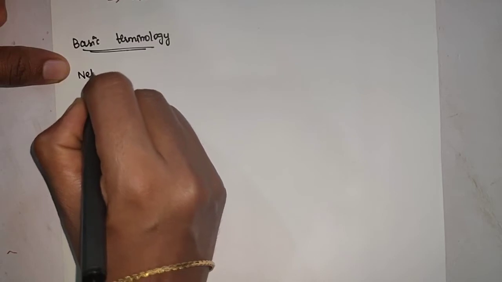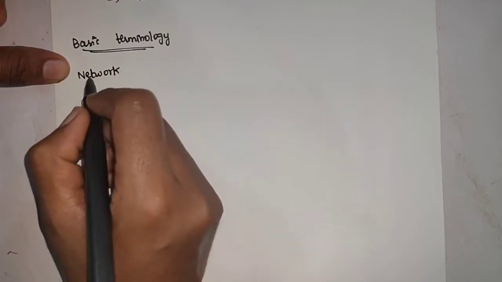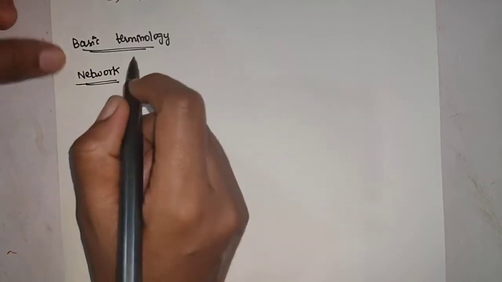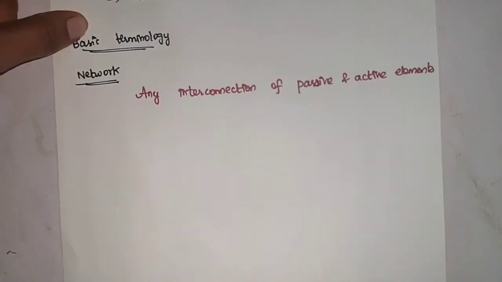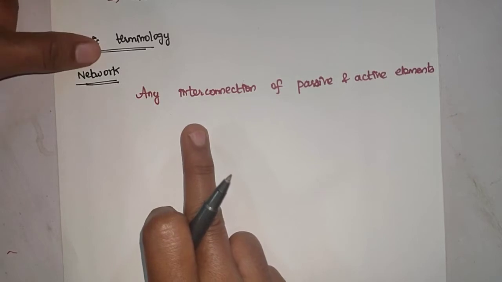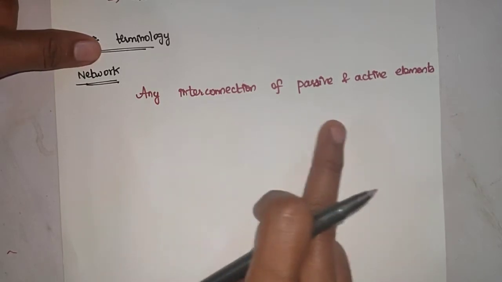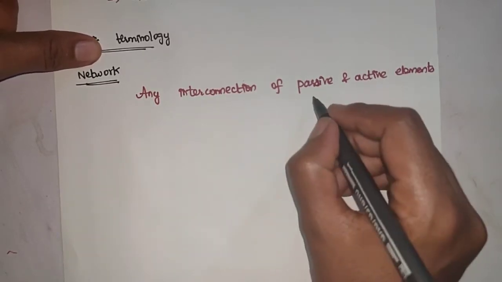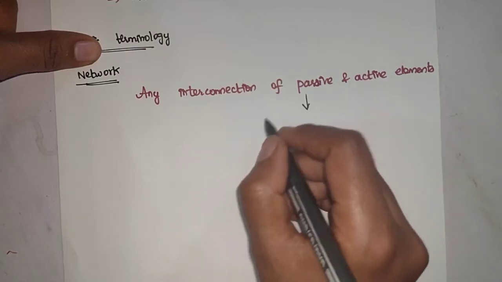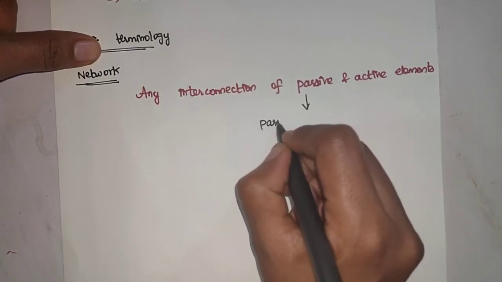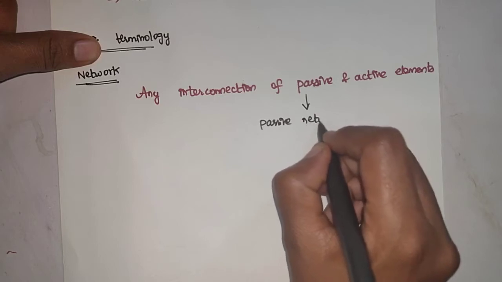Then we see the basic terminologies. First one, we see the definition for network. What is meant by network? Network is any interconnection of passive and active elements. In case network consists of only passive elements, it is called as passive network.